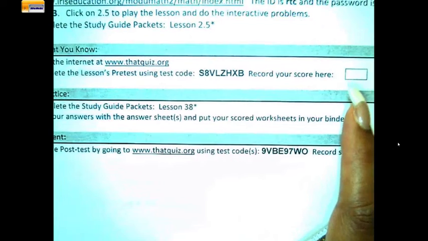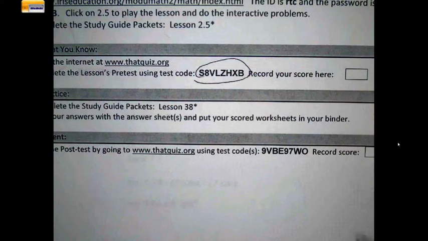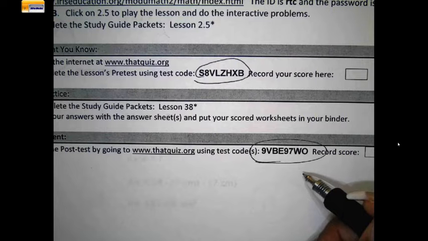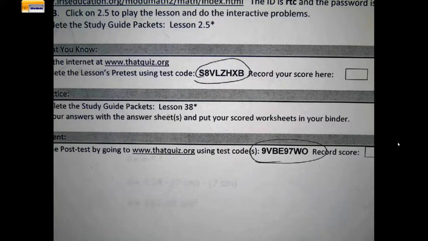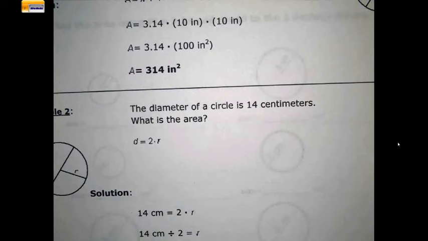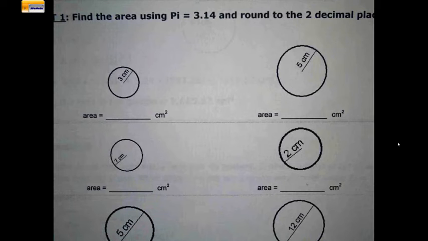All right, the pre-test is S8VLZHXB. The post-test is 9VBE97WO. Page 2 talks about how to do the area. Your first exercise is on page 3, though.